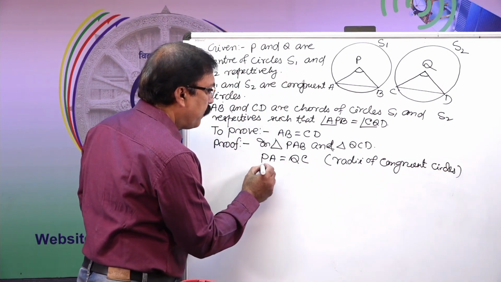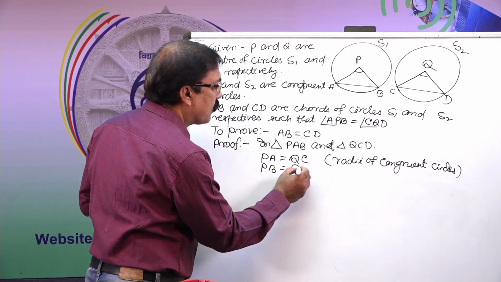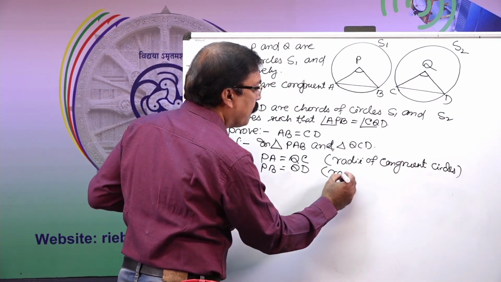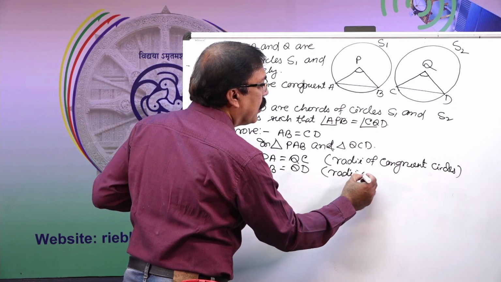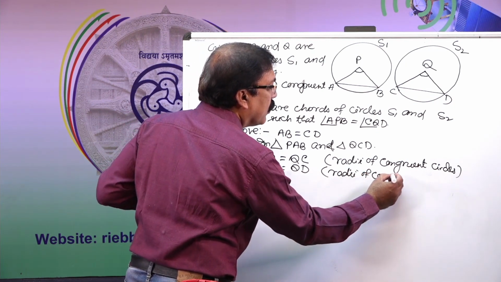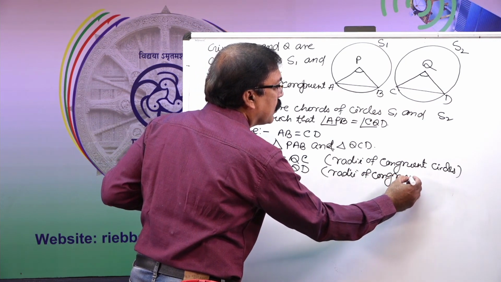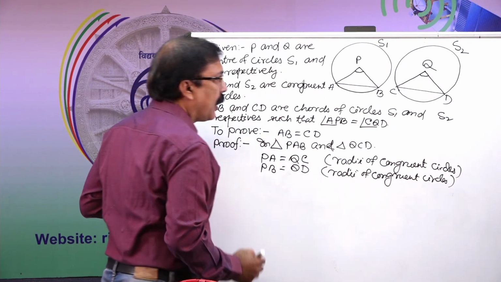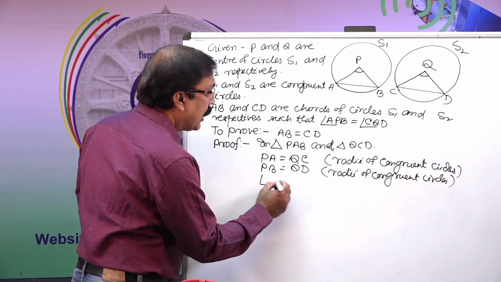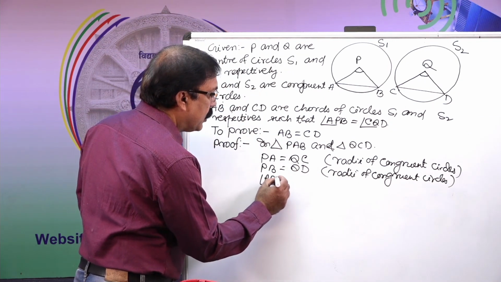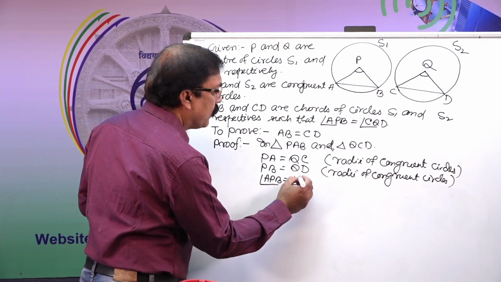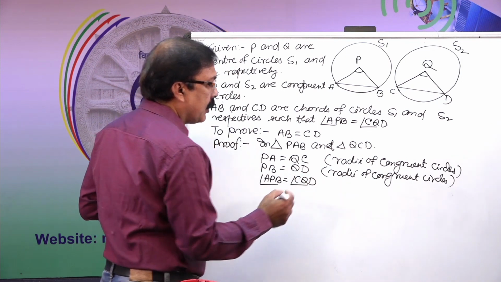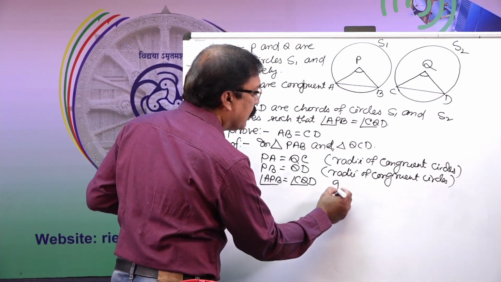Similarly, PB is equal to QD. The reason is the same, radii of congruent circles, and the angle APB is equal to angle CQD. It is given.